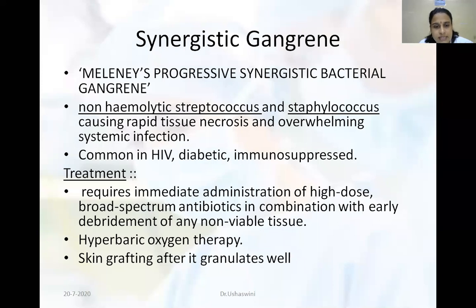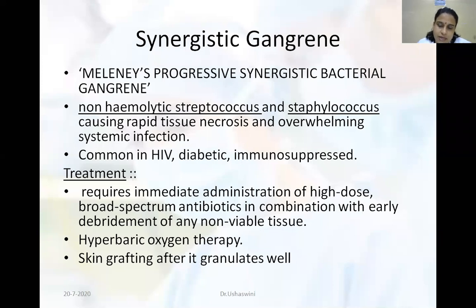Immediately you have to resuscitate the patient, give a high dose of broad spectrum antibiotics, along with, as soon as possible, debriding the necrotic areas. See, it requires immediate administration of high doses of broad spectrum antibiotics, along with resuscitation.